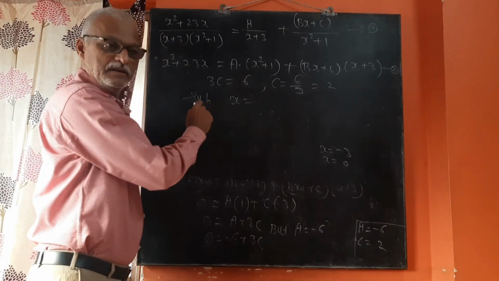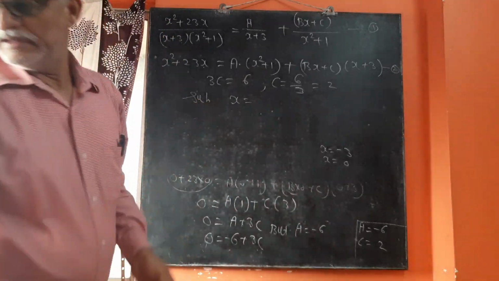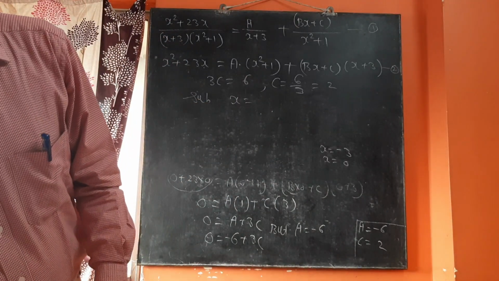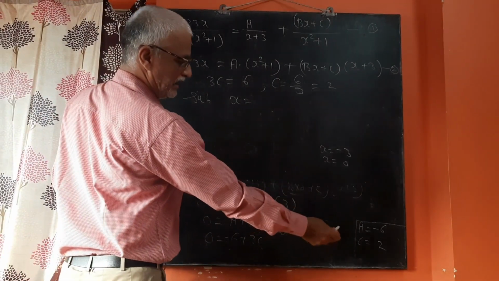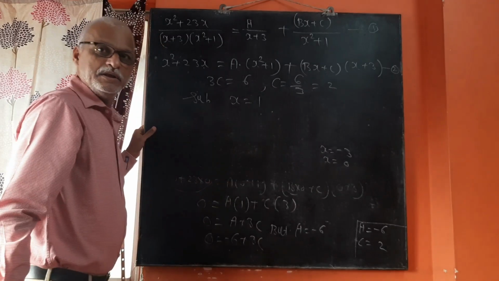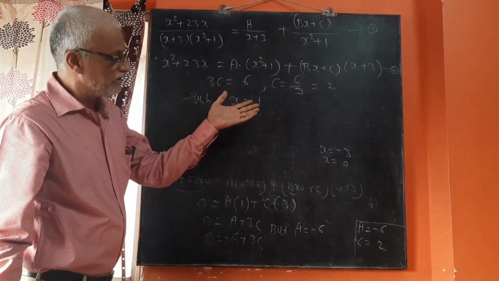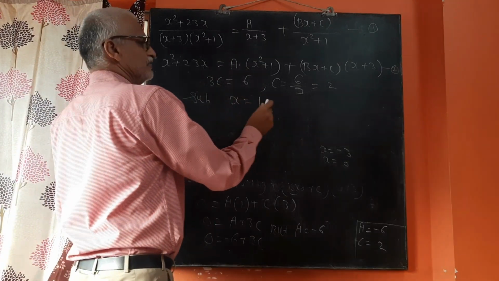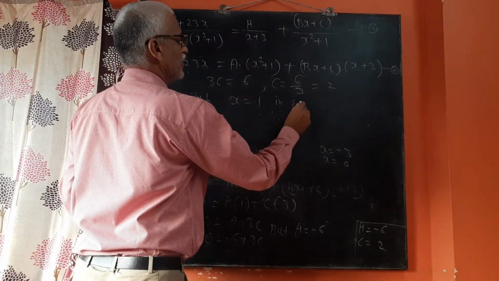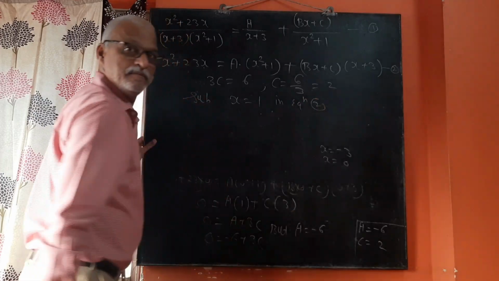So let us say the value of x is 1. You may substitute -1, you may substitute 2 and so on, but the least value is 1. Substitute x equals 1 in equation 2.